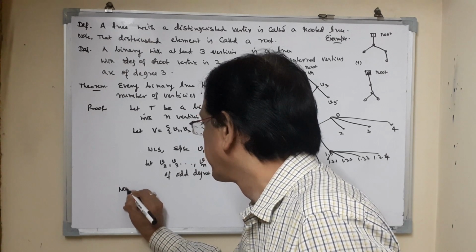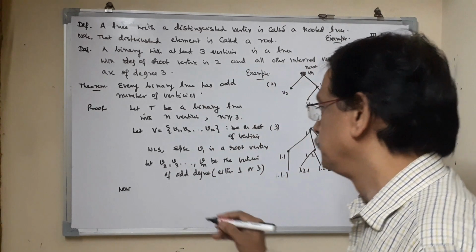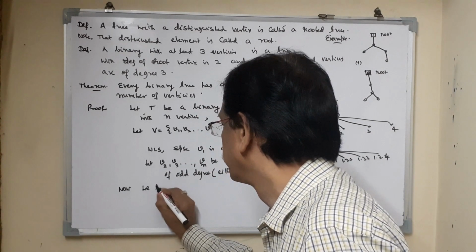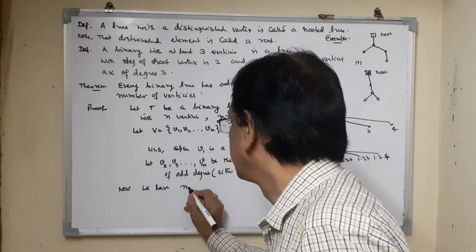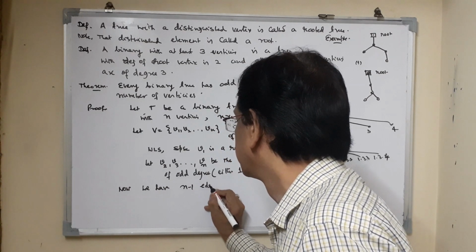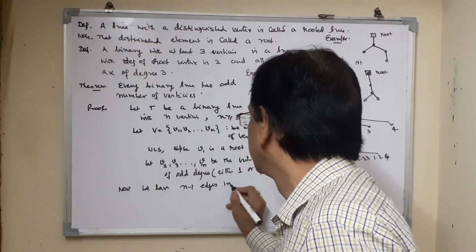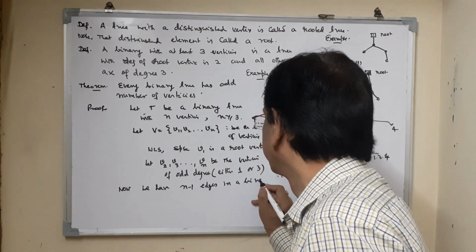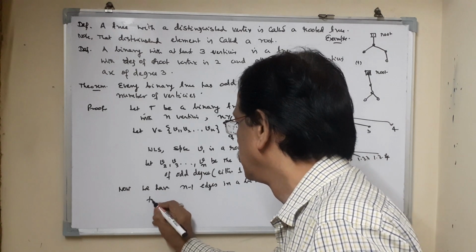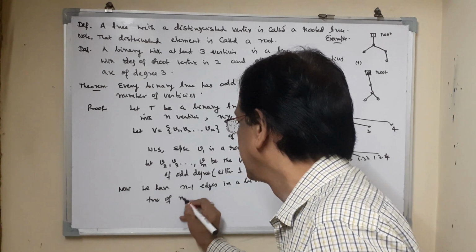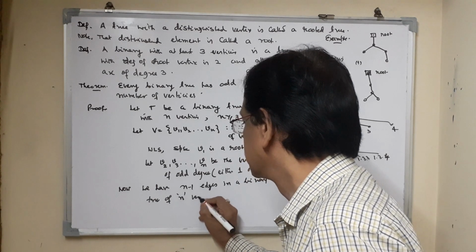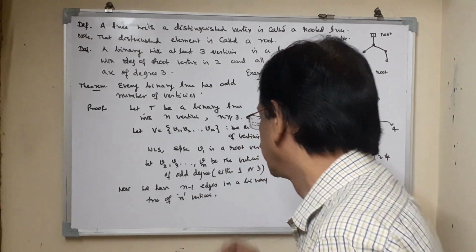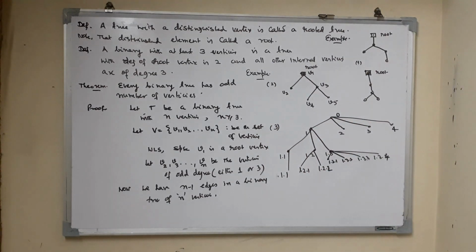Now we have n minus 1 edges in a binary tree of n vertices. Let us write.